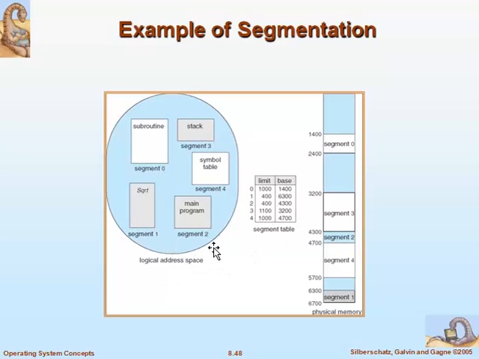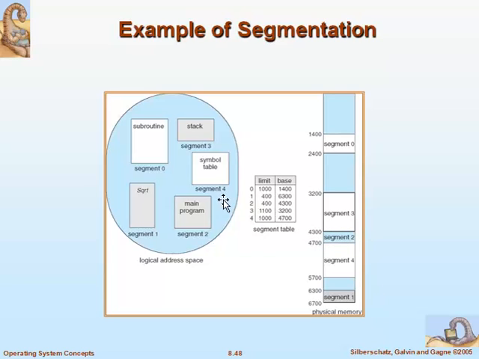Similarly, let us take the main program. The main program is segment 2. For segment 2, the starting address is 4300 and the size is 400. So 4300 is the starting address, and from there it has a length of 400. 4300 plus 400 is 4700. So that is segment 2.